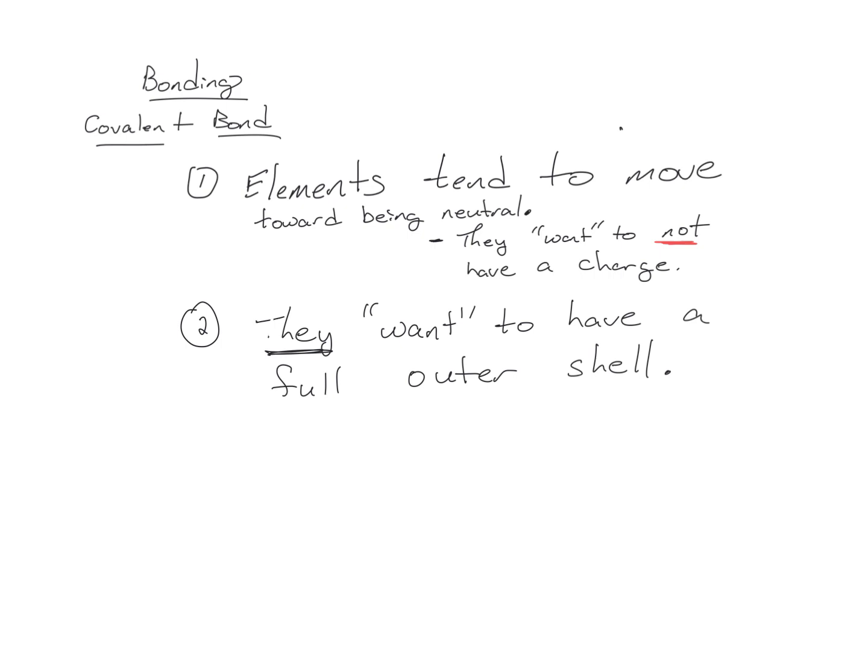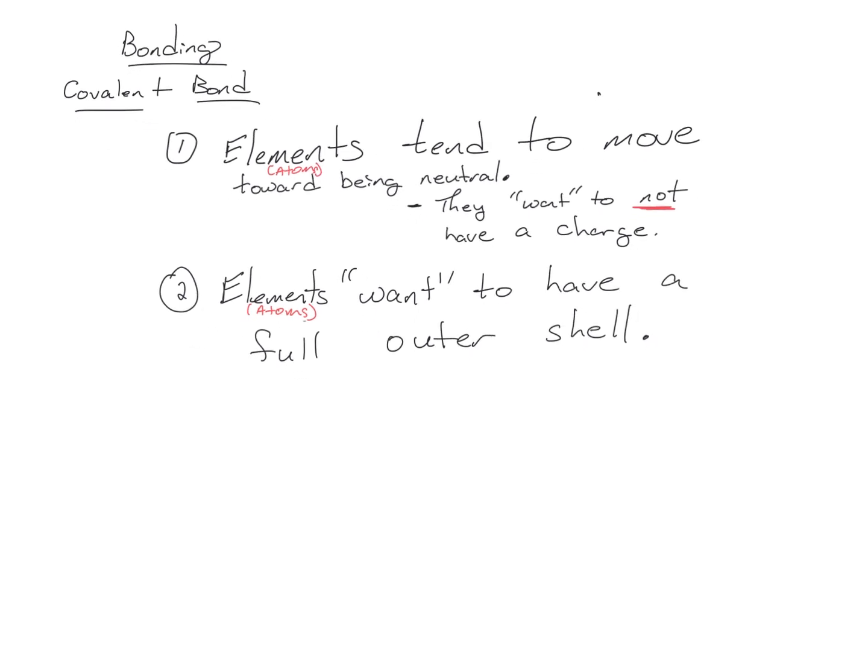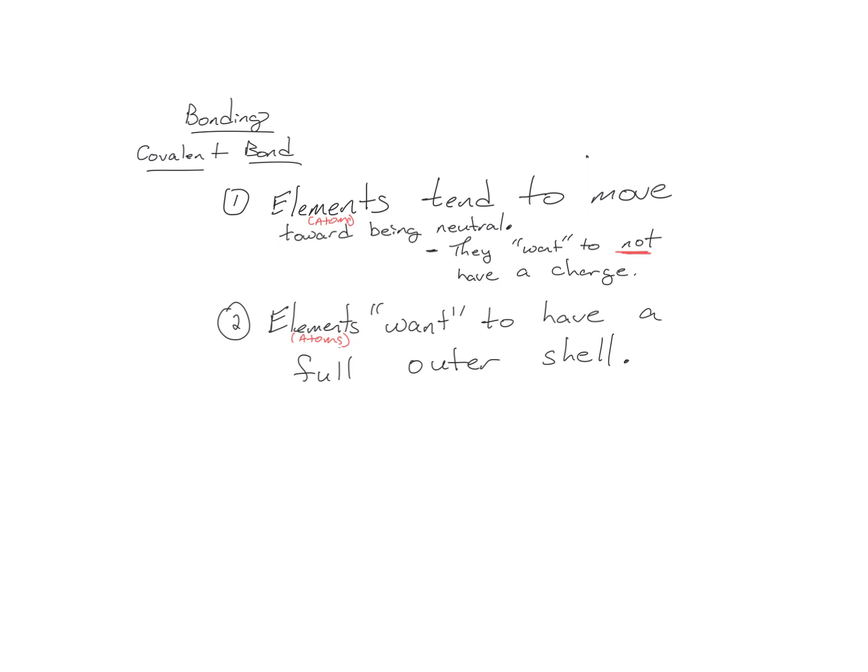So let me get rid of they. Elements, atoms, elements, or atoms if you want. Elements are types of atoms. But elements are atoms. They want to have a full outer shell, and they want to be neutral.